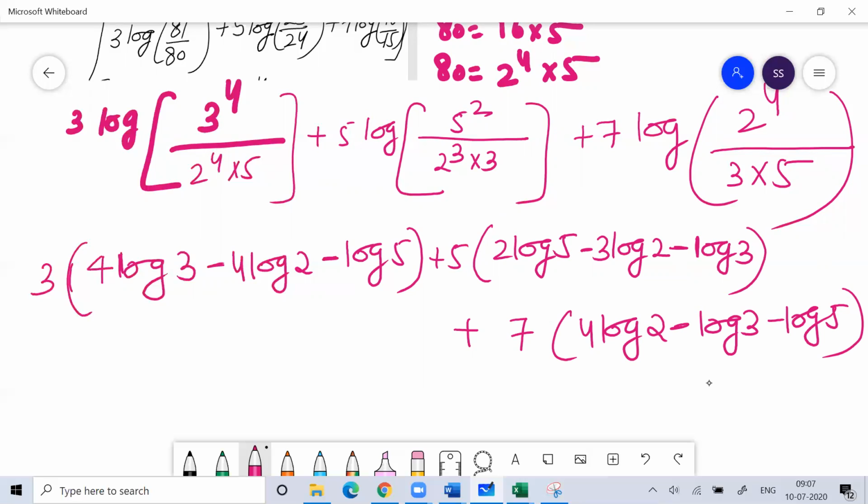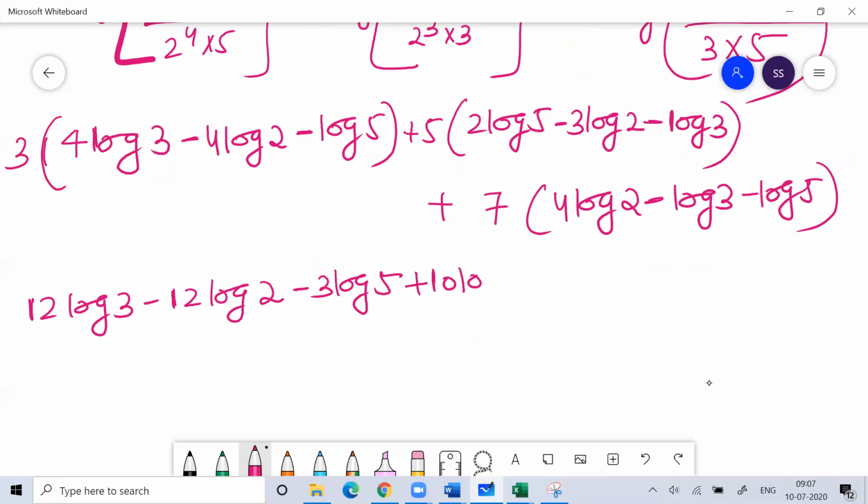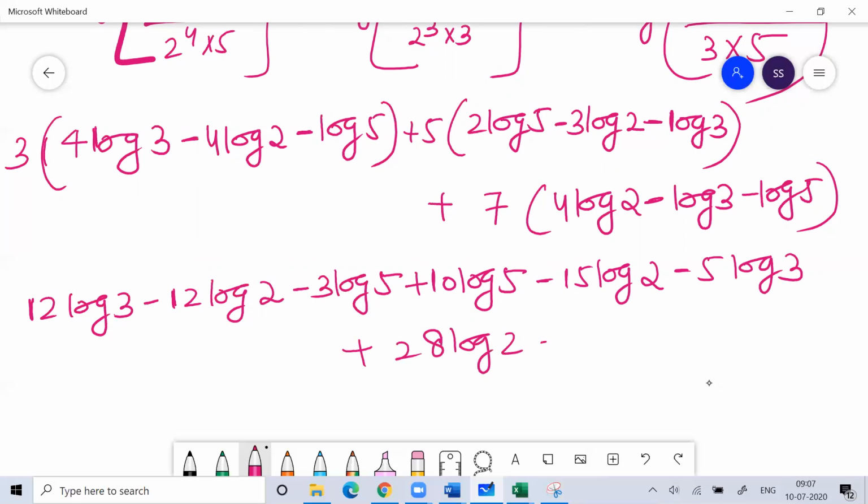Now what I can do is open the brackets. So I'll get 12 log 3 minus 12 log 2 minus 3 log 5 plus 10 log 5 minus 15 log 2 minus 5 log 3 plus 28 log 2, then minus 7 log 3 minus 7 log 5.